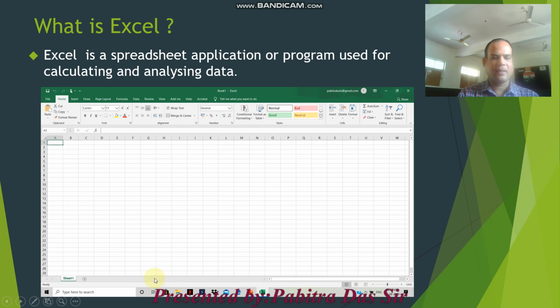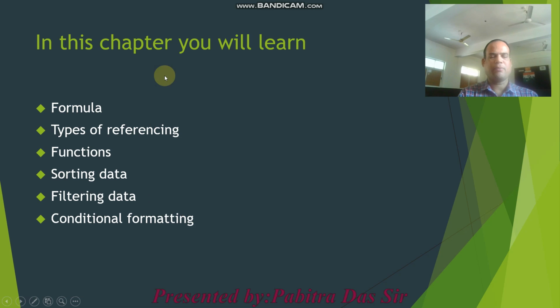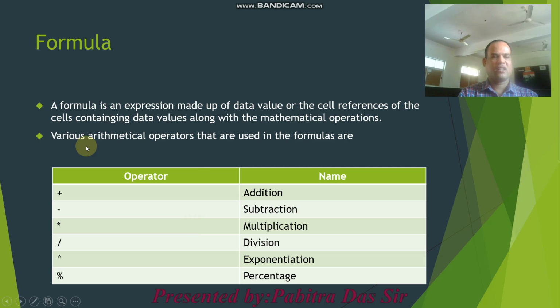Next, students, in this chapter you will learn formula, types of referencing, functions, sorting data, filtering data, conditional formatting. Next, formula. A formula is an expression made of data values or cell references of the cells containing data values, along with mathematical operations.